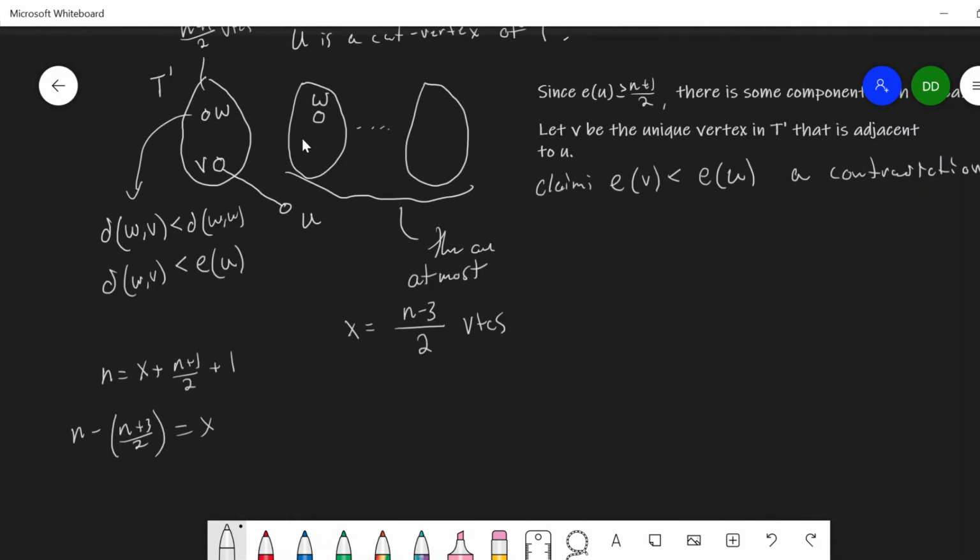And so in particular, for any W over here, the distance from W to U plus 1 is the distance from W to V. However, the distance from W to U is at most (n minus 3)/2.